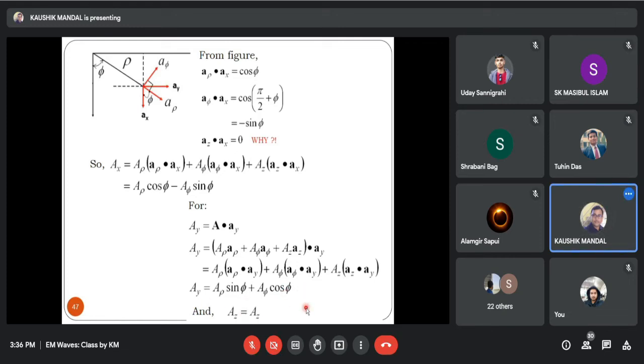As we know, from the relation of Cartesian and cylindrical coordinate systems, z equal to z, so az becomes az. So in that way, you can easily convert the cylindrical into the Cartesian coordinate system by applying this process.